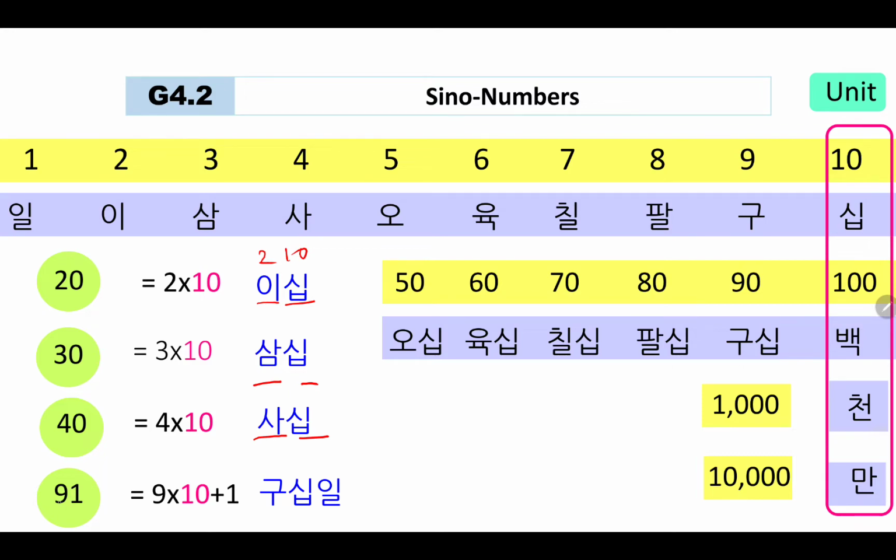When we have both digits, because there are nine tens, 90, and then we say the ones. Let's look at the right, and we see that there are different units. When we jump to 100, we have another unit for it. So 백 is for 100, 천 is for 1000, and 만 is for 10,000.